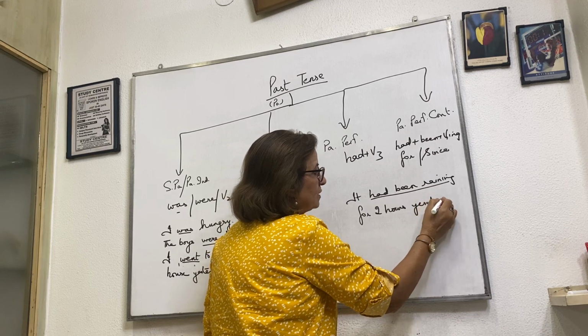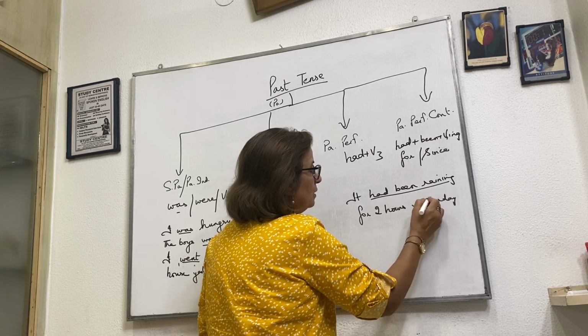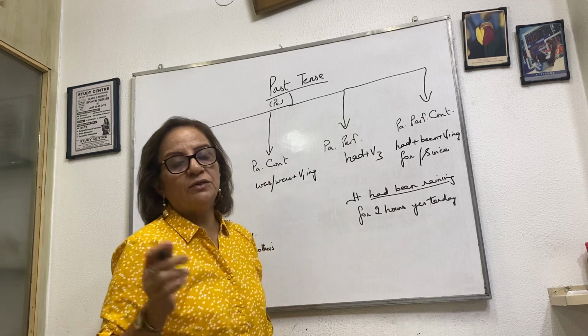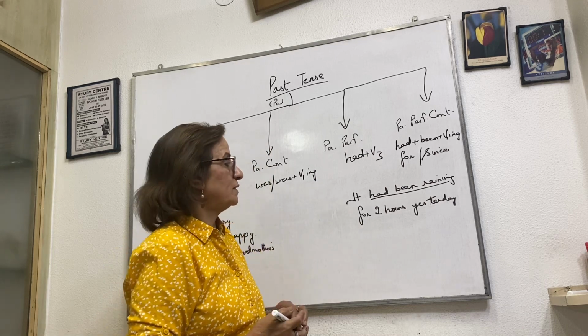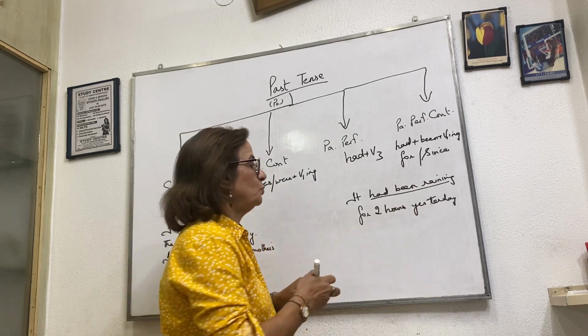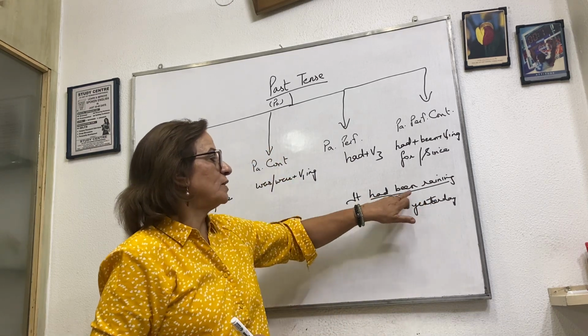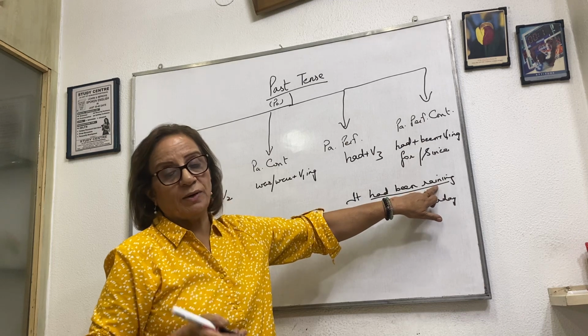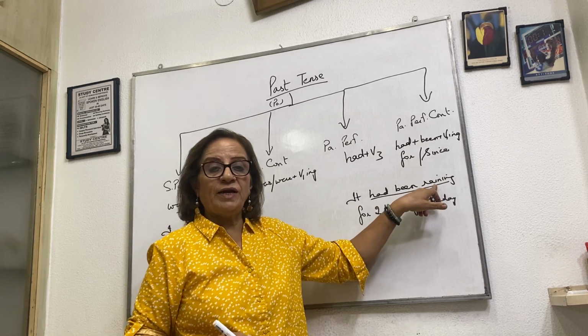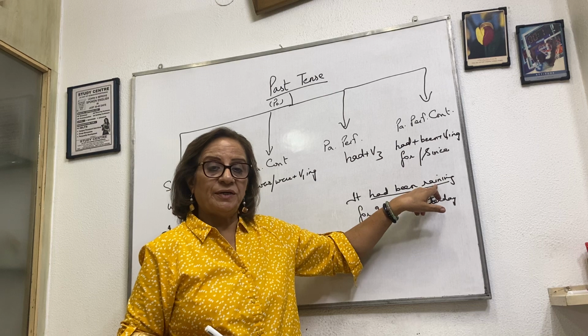We're talking about an action in the past when it was going on, that for 2 hours continuously it was raining, but yesterday. It had been raining for 2 hours yesterday. Okay. So I've used had plus been plus verb in the first form ing. What are the three forms of rain? Rain, rain, rained. Okay.